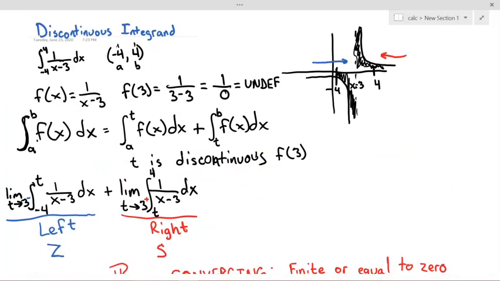So in the last video, we went over some theory on discontinuous integrals and how they're related to improper integrals. I showed you a formula for converting a discontinuous integral into a proper integral, and I used this example where I have 1 over x minus 3 dx with a lower boundary of -4 and an upper boundary of 4.